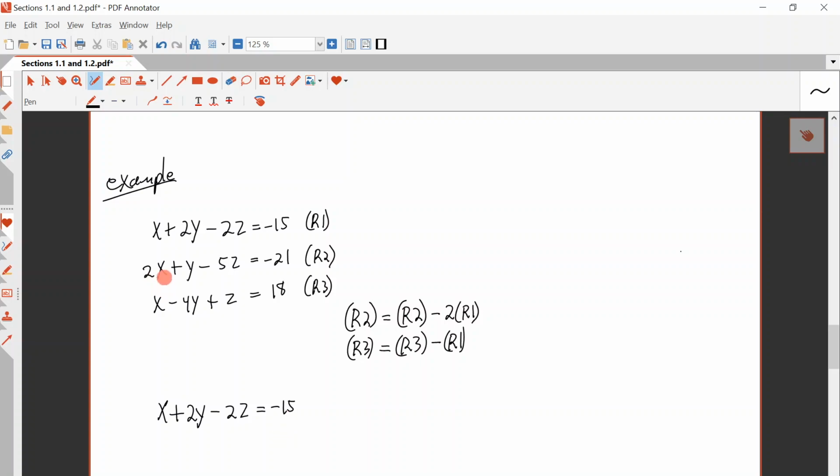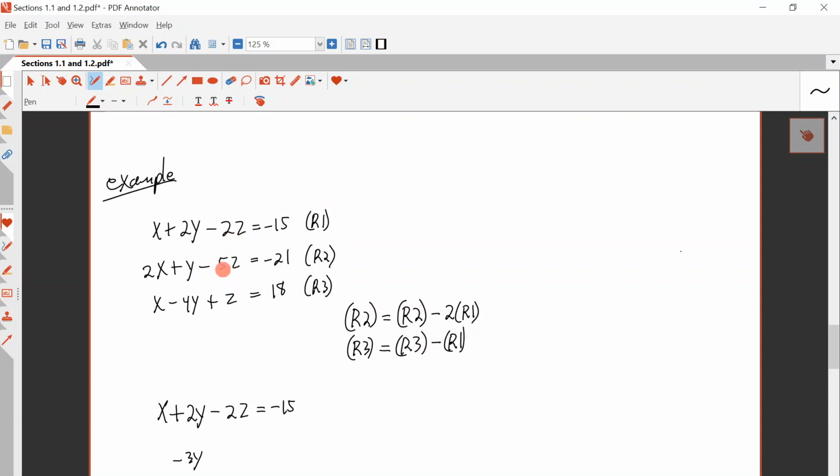Now I'm going to subtract twice row 1 from row 2. So 2x minus 2x, 0. Y minus 4y, right? Twice this. Y minus 4y, that's going to be equal to minus 3y. Minus 5z minus 4z, right? So I multiply that by minus 2.